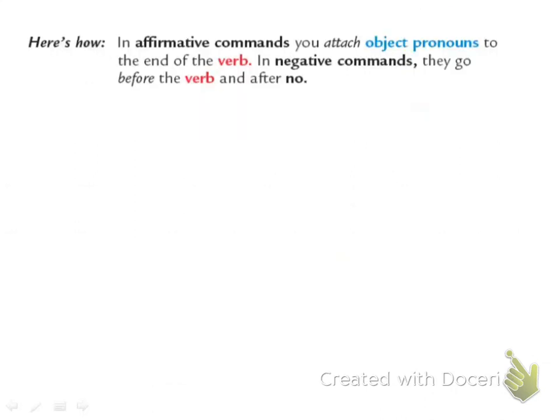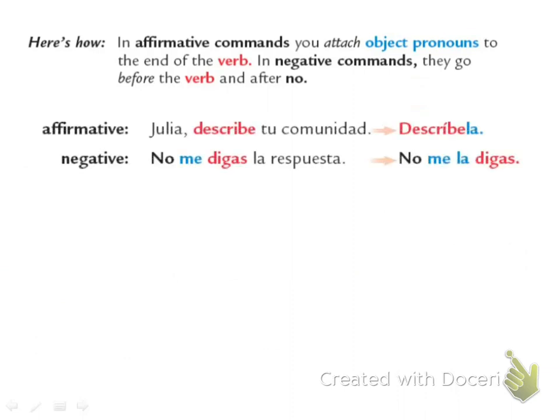All right. In affirmative commands, you attach pronouns to the end of the verb. In negatives, they go before the verb and after no. So you probably just need to go with your example sentences. An affirmative command: Julia, describe tu comunidad.